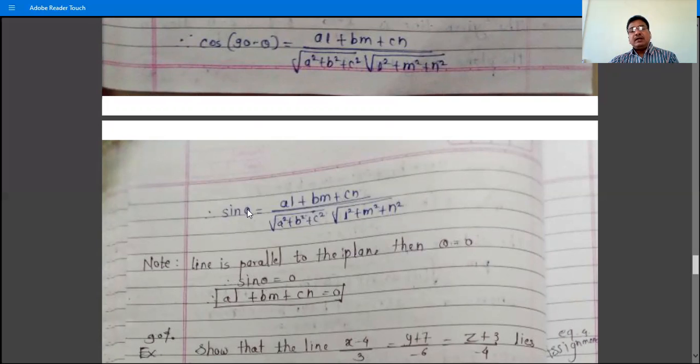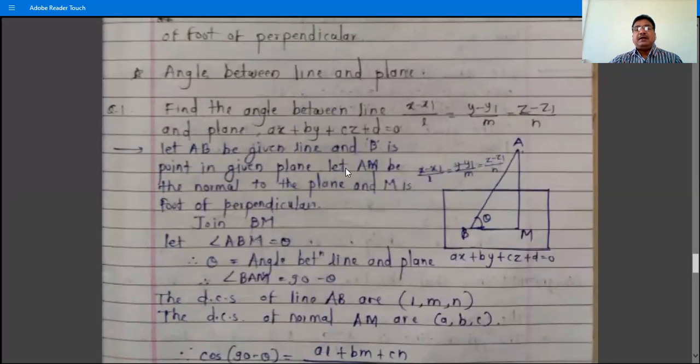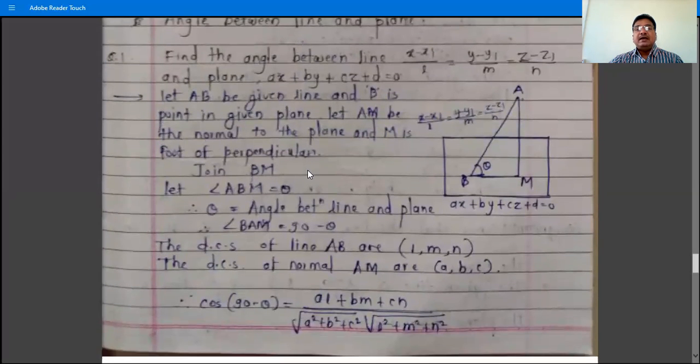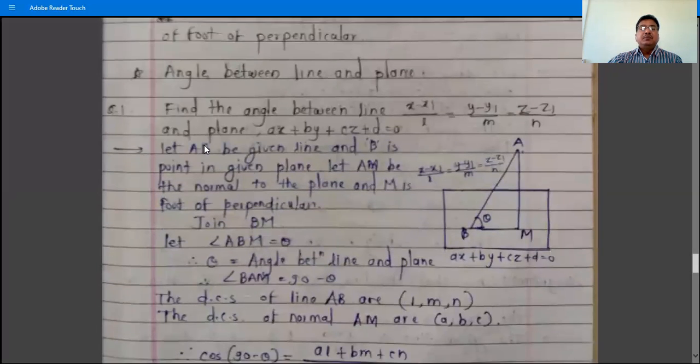So only the change is in the LHS, there is sin theta, not cos theta. So use this formula to obtain the angle between line and plane. So if you have to find the angle between line and plane, then use this formula, that sin theta, and the RHS is same. So we first see the proof of this theorem or example.